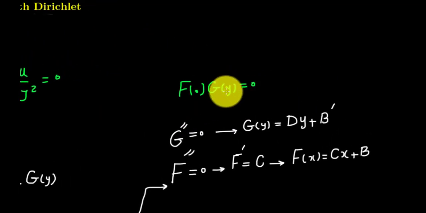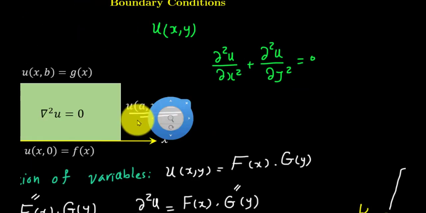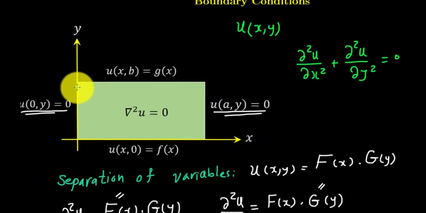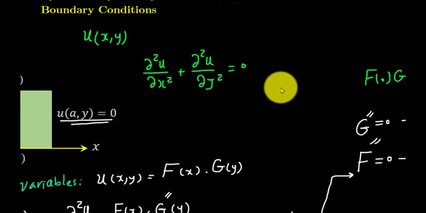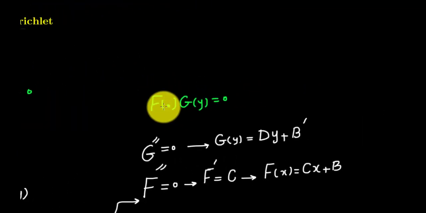So this is true for all the points along the left hand side of the rectangle. For any y, it doesn't matter if you are talking about this point or this point or this point. Any y between 0 and b should have a 0 u value. So it means that independent of g of y, f of 0 must be equal to 0.